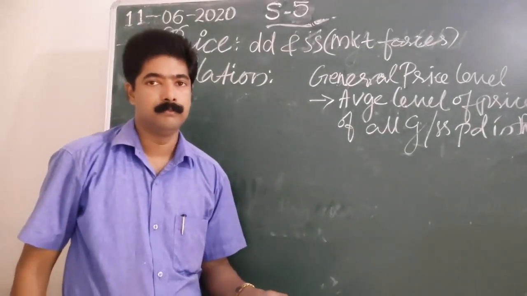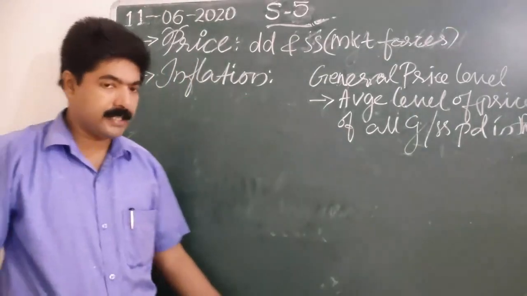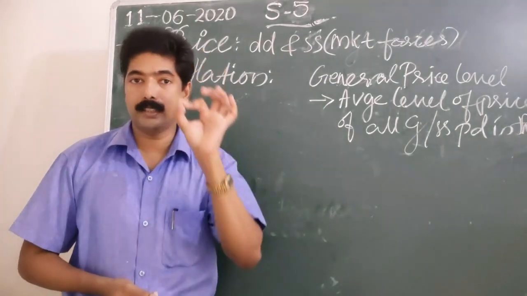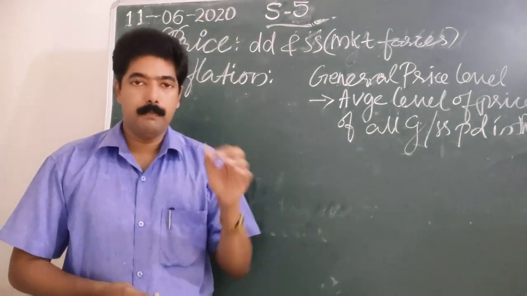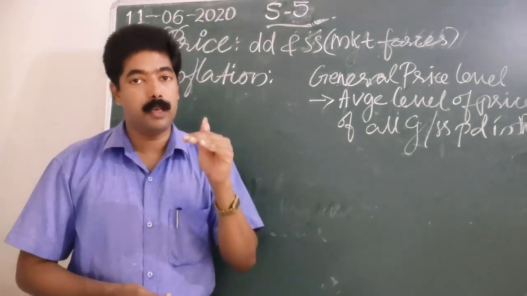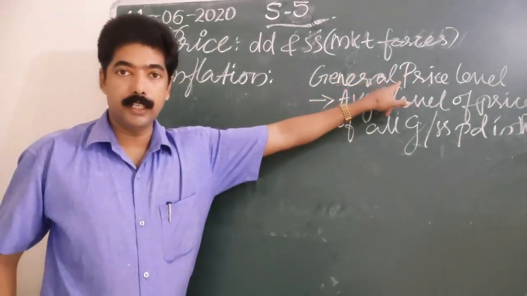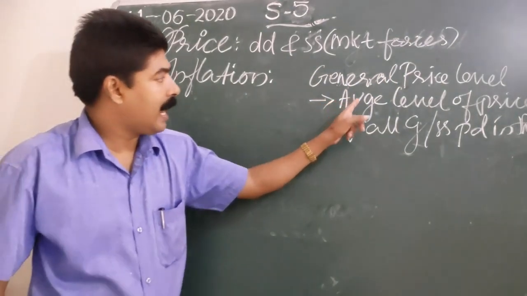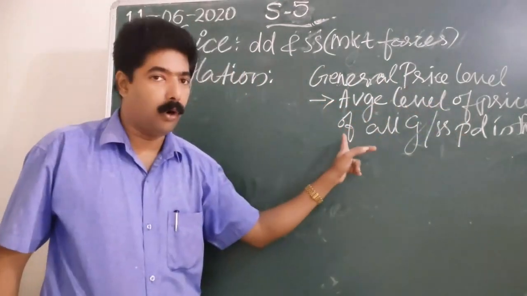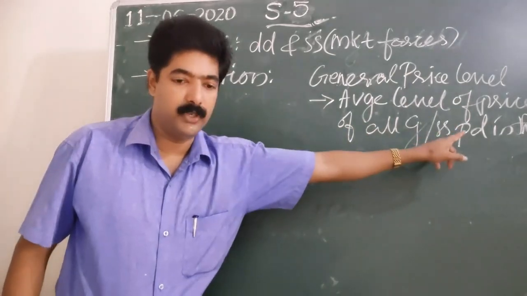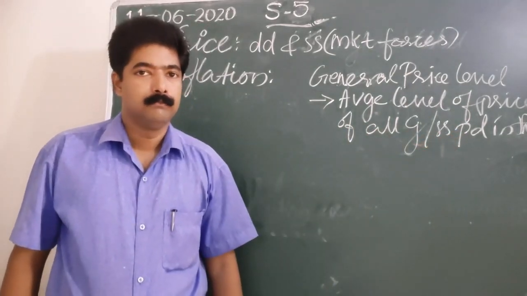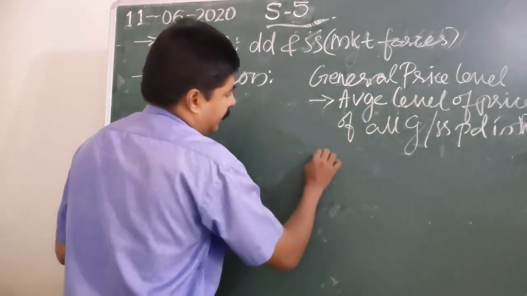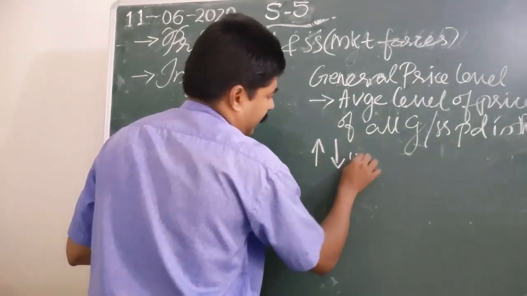Is that clear? So what is inflation? Inflation is generally defined as the process of persistent and appreciable rise in the general price level. The general price level refers to the average level of price of all goods and services produced in the economy. There is a chance in the economy that this general price level can either increase or decrease.